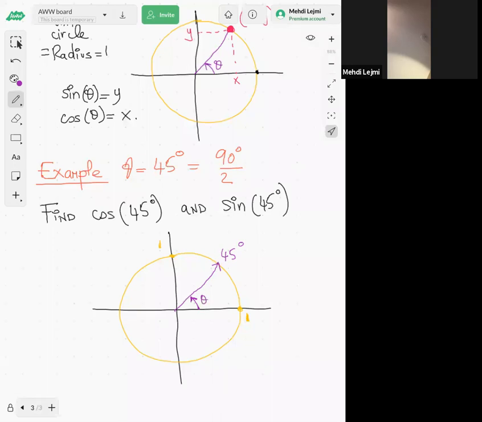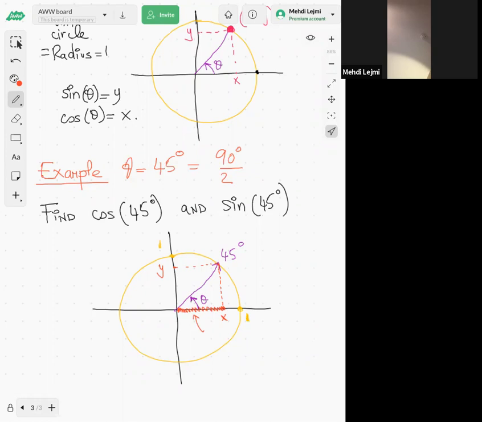Now, if I want to find the cosine of theta, or cosine of 45 degrees, all I have to do is measure the x coordinate. So you see, this is the x coordinate, right? And here's my y coordinate. So this is cosine of 45 degrees.